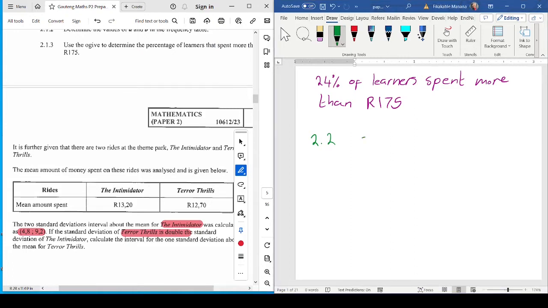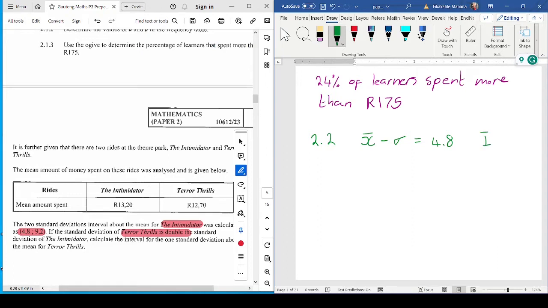So I know that the mean is given by that symbol, minus the standard deviation, which is given by that, is equal to the lower interval. When we subtract the standard deviation, the lower interval is 4.8. This is for the Intimidator, which I'll call I.